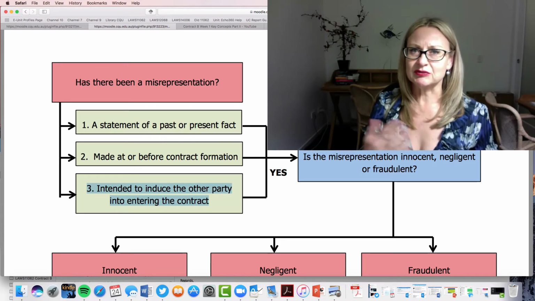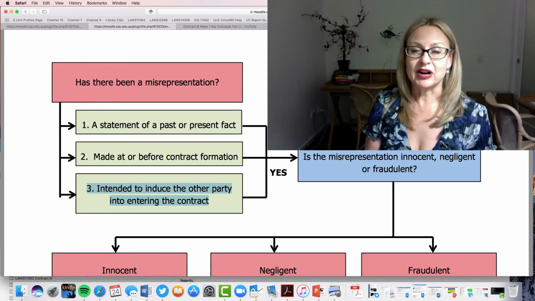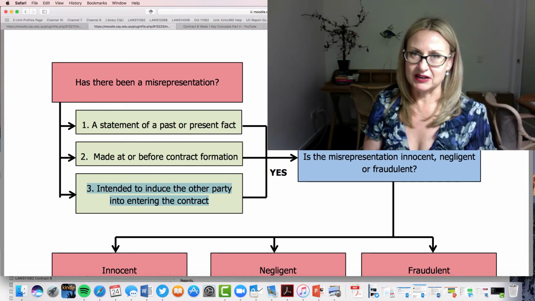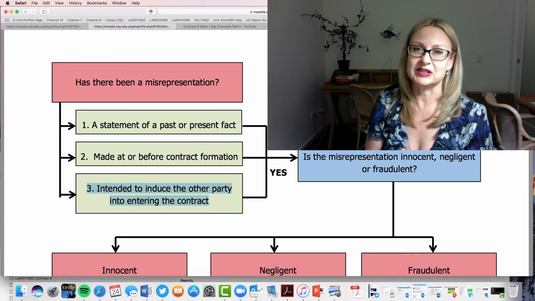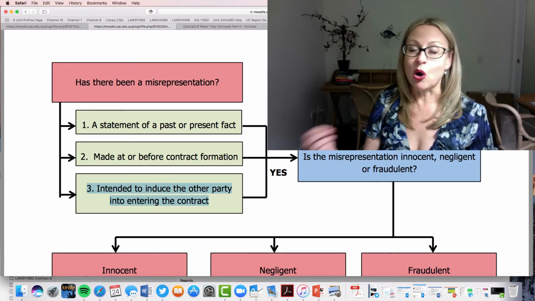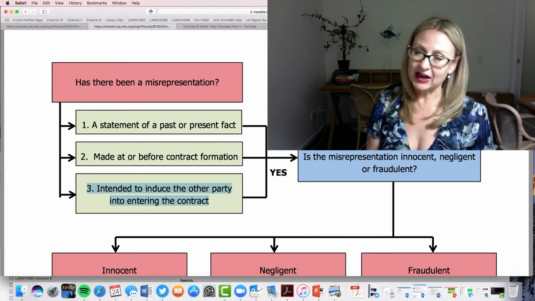Now, the question was, did that misrepresentation as to the income operate as an inducement to enter the contract, given the fact that the representee relied on the misrepresentation without checking the facts, even though the means were offered to him to check those facts. And the court said, well, actually, you know what?